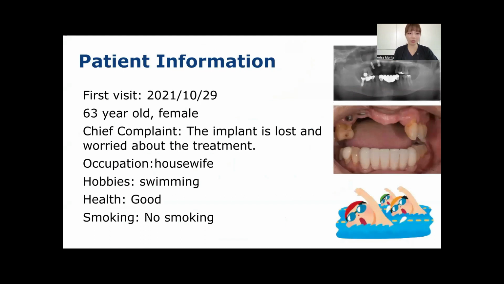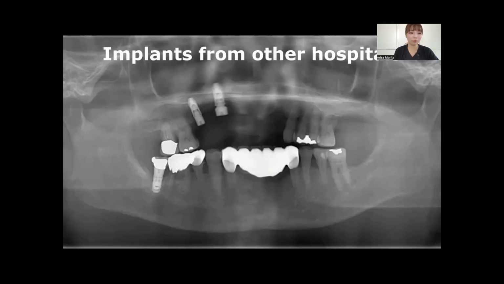The main complaint was that she wanted to consult about an implant that had been treated at another hospital, and she was worried about being treated at another hospital. It seems that implants were placed in the upper and lower front teeth at another hospital and they were lost.